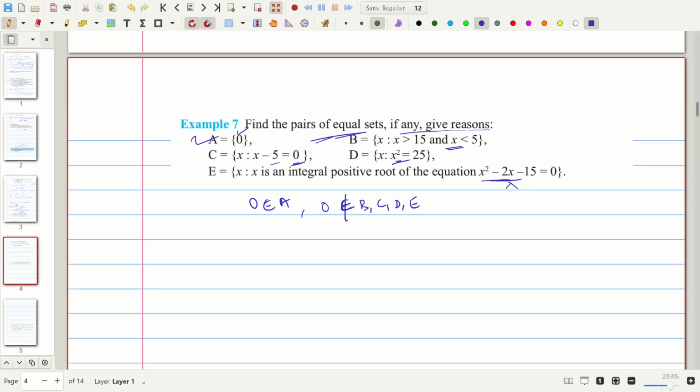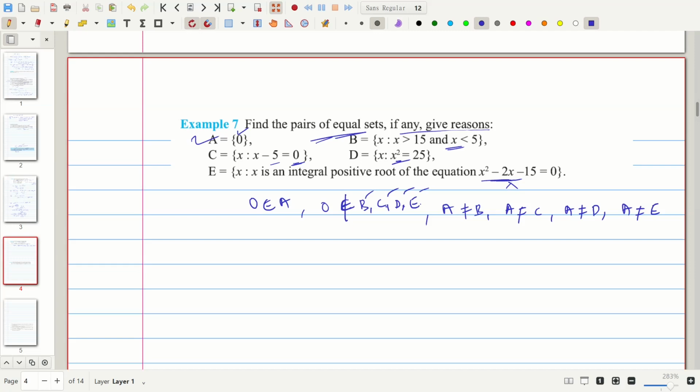Therefore, 0 does not belong to B, C, D, E. We can write A is not equal to B, A is not equal to C, A is not equal to D, and A is not equal to E.